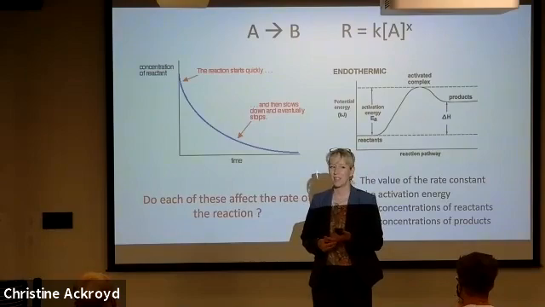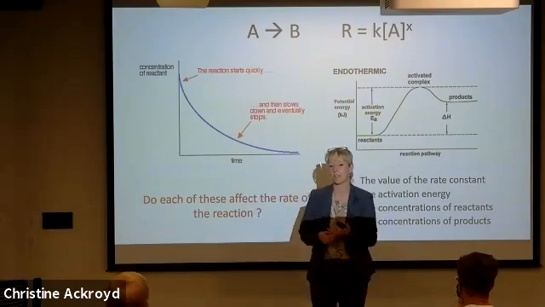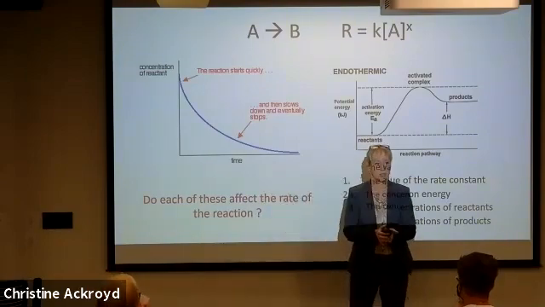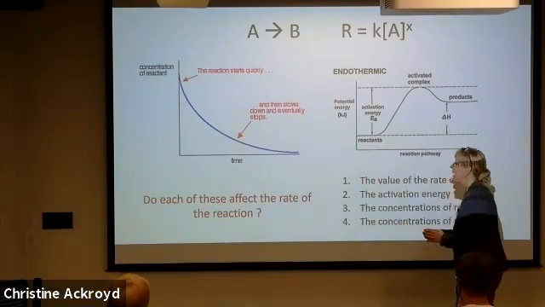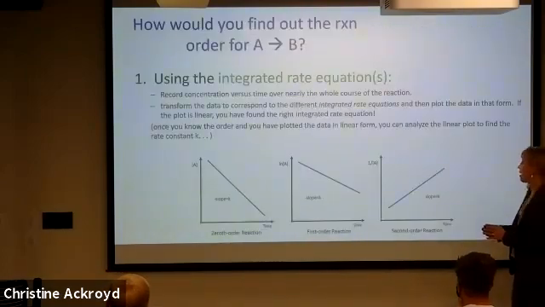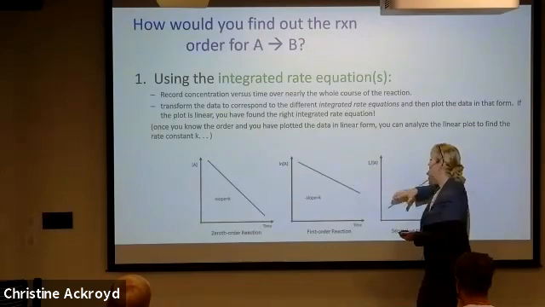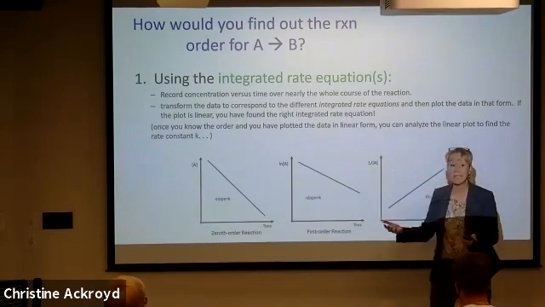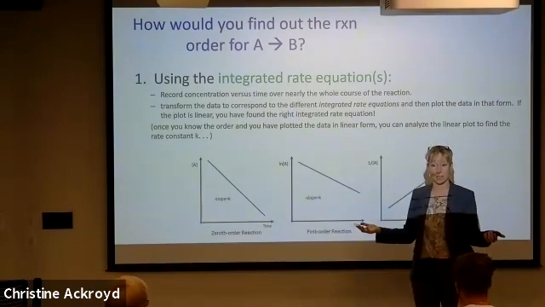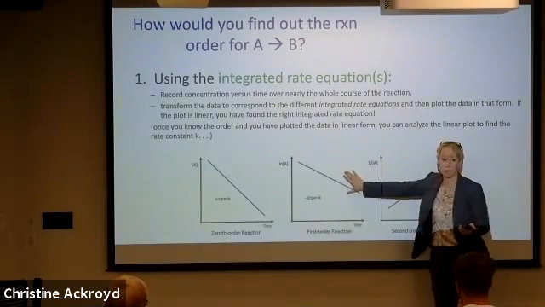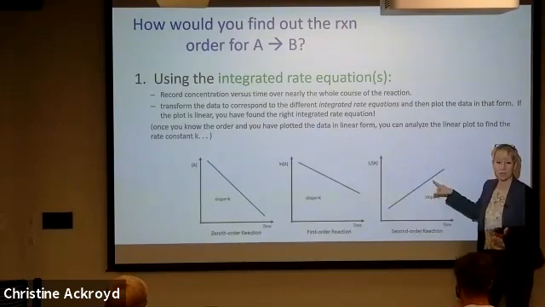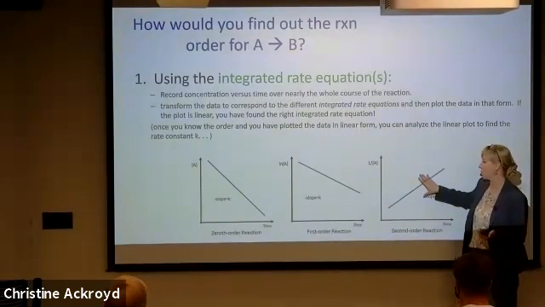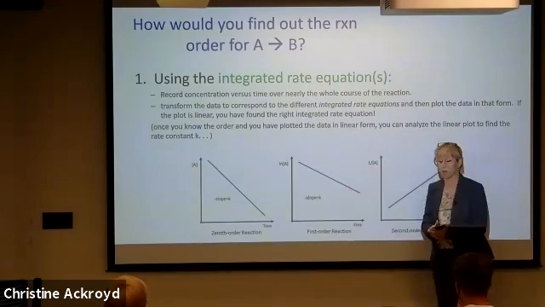That can be kind of tricky, right? It particularly can be kind of tricky if the data points have a lot of scatter. But if we instead compare the plot of natural log of concentration versus time versus 1 over concentration versus time, only one of those plots will be linear for any one reaction. If it's first order, this one will be linear, and the other one will be curved. If it's second order, then this one will be linear. We can distinguish.